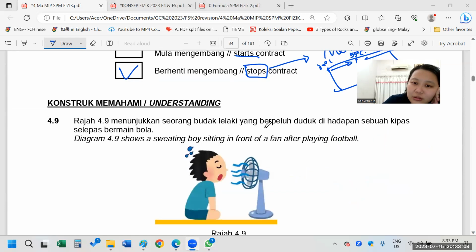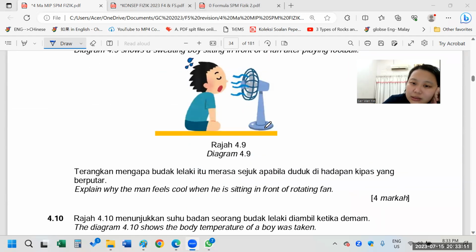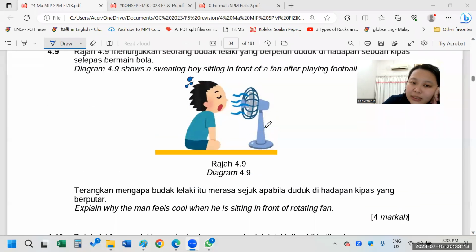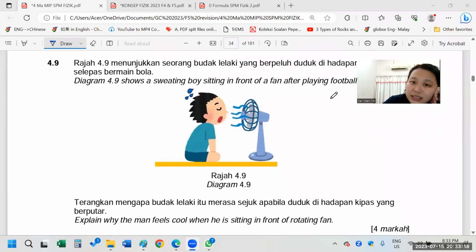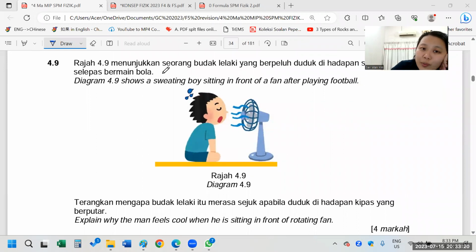Okay, so now, explain why the man feels cool when he is sitting in front of a rotating fan. Sweating means got water, got sweat. This is a 4 marks question.